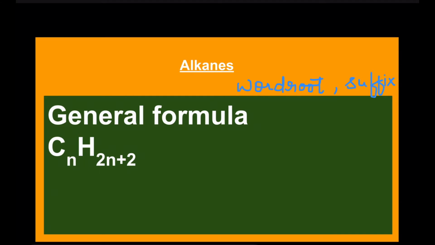You will understand the word root and the suffix by looking at examples of alkanes. In alkanes, the suffix is "ane" with the word root. The general formula is CnH2n+2.